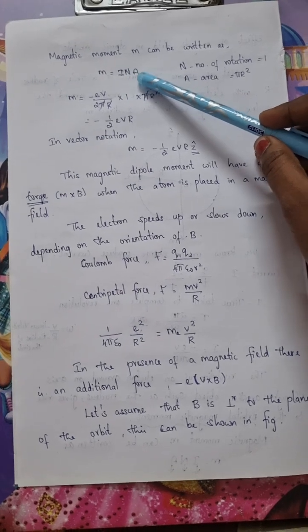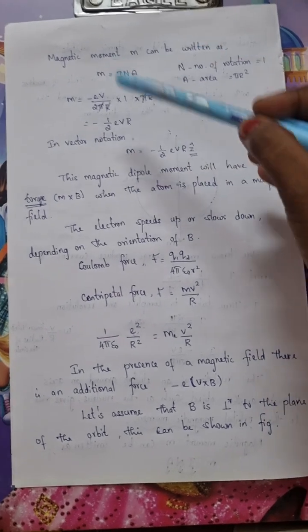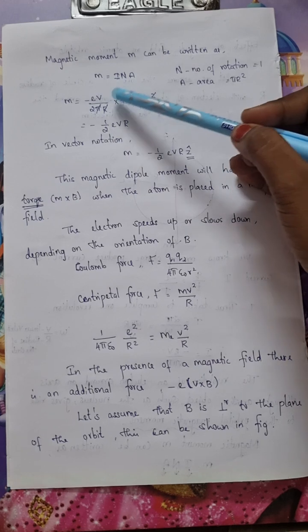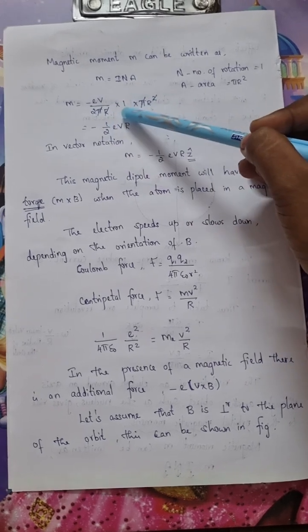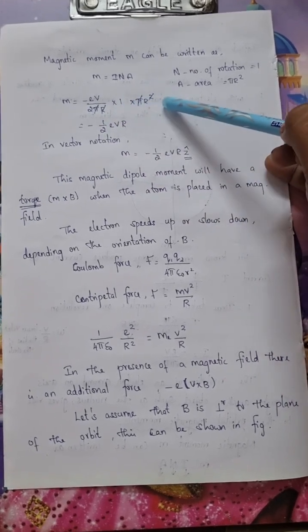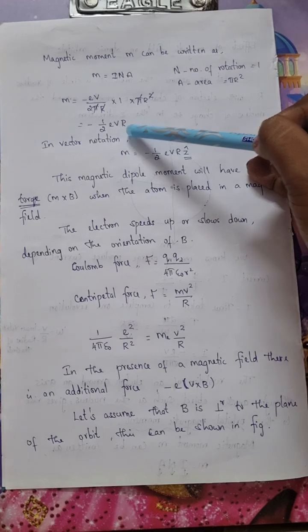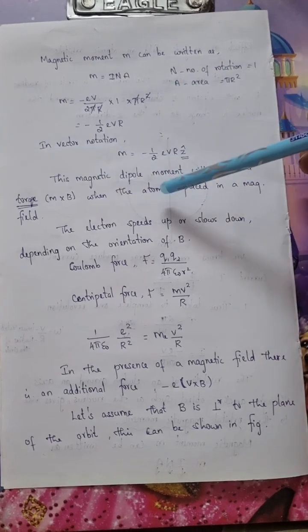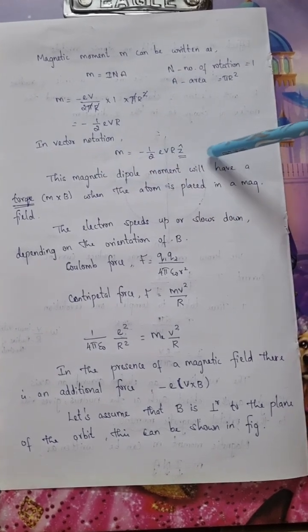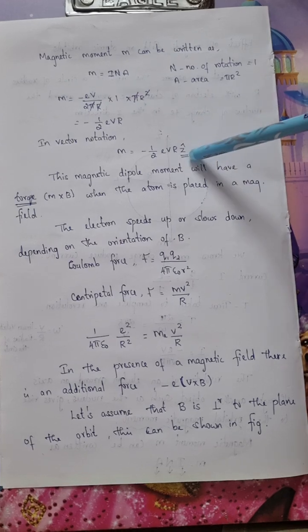Here the area is pi r square, the number of rotations is 1, and current I is minus e v by 2 pi r. So we get m equals minus 1 by 2 e v r. In vector notation, we write minus 1 by 2 e v r in the z direction, so z cap.